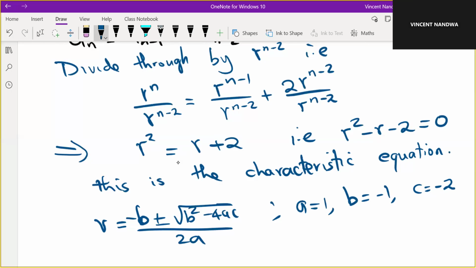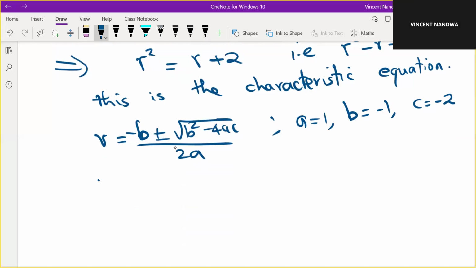Correct. So R1 we can call positive 2, and R2 is negative 1.